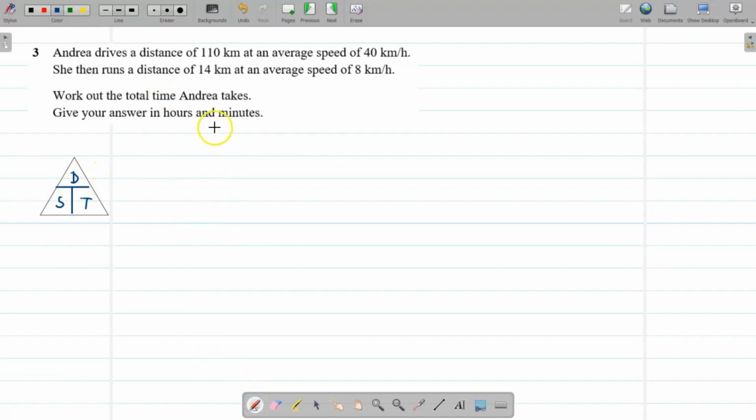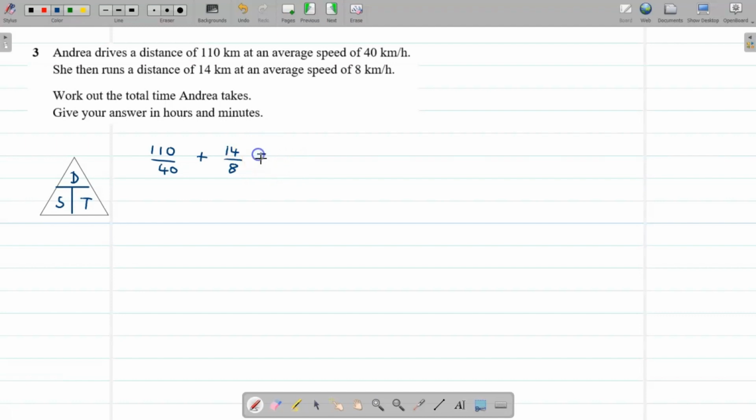Well, the total time taken is the sum of the 2 times. So in the first case, it's 110 over 40, okay, for Andrea. And for the other person, it is, well, it's the same person, in fact, 14 kilometers over 8.